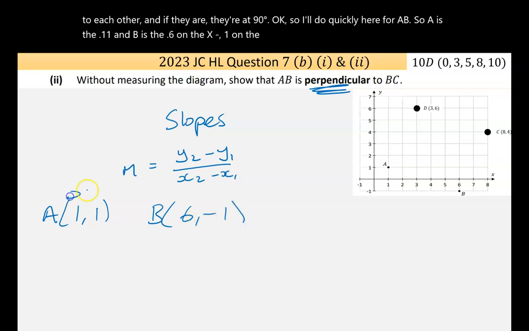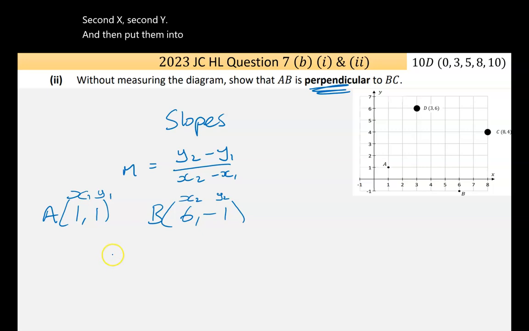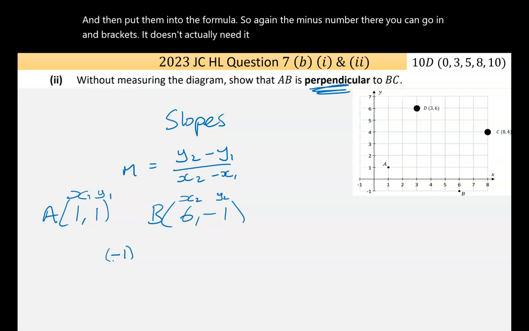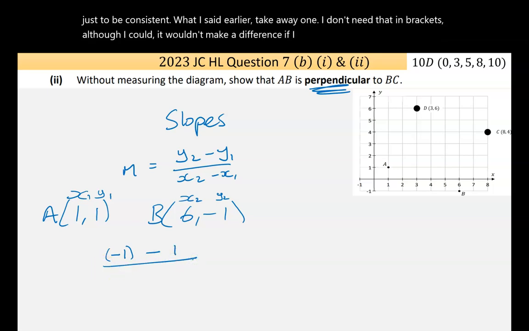So again, I can label them first x, first y, second x, second y, and then put them into the formula. So again, the minus number there, it can go in brackets. It doesn't actually need it there because it's the first of the list, but just to be consistent with what I said earlier. Take away 1. I don't need that in brackets, although I could. It wouldn't make a difference if I did.